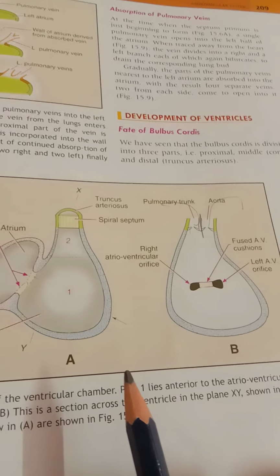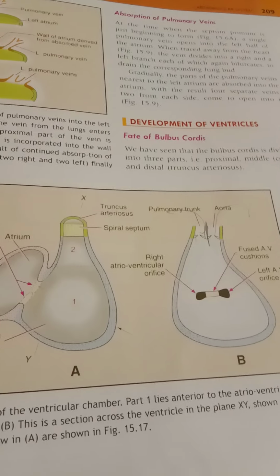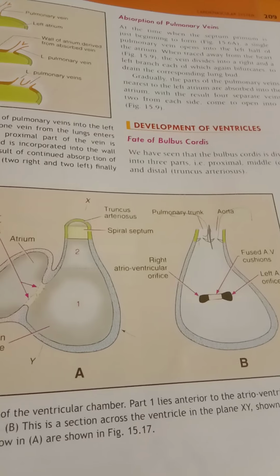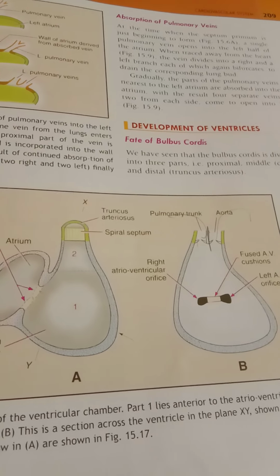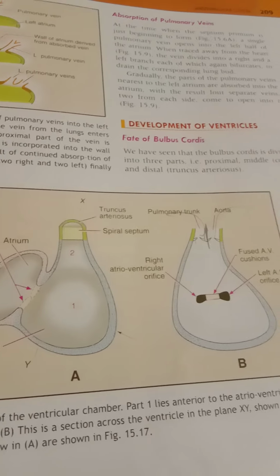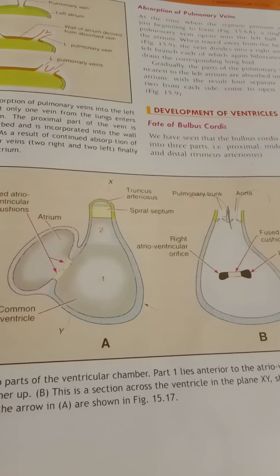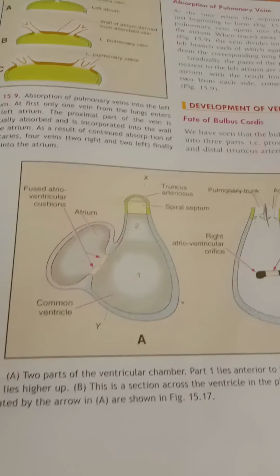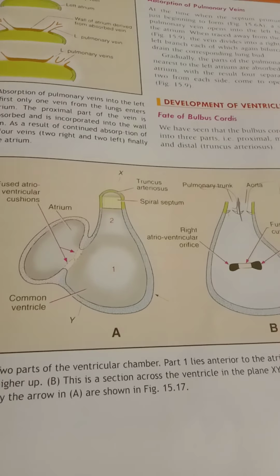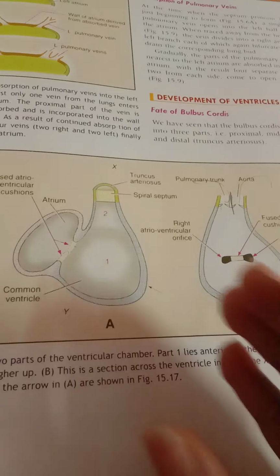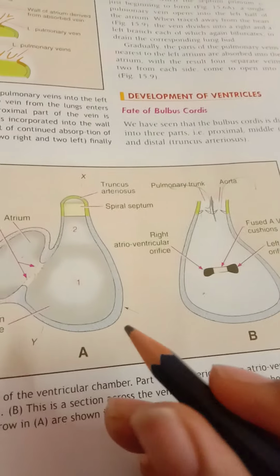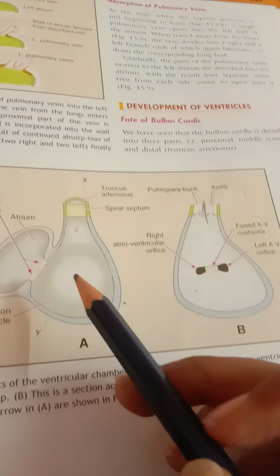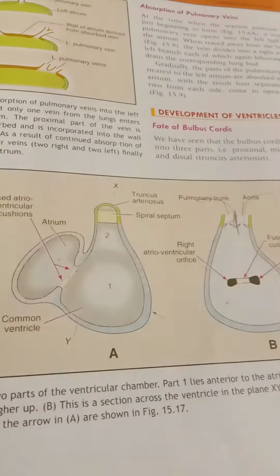for both ventricles, and the bulboventricular cavity has a dilated lower part which mainly communicates with the atria, and a conical upper part which communicates with the truncus arteriosus. So what they are saying is that the bulboventricular cavity has a dilated lower part which communicates with the atrium, and the conical upper part communicates with the truncus arteriosus.